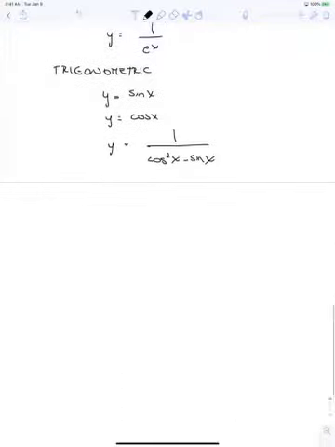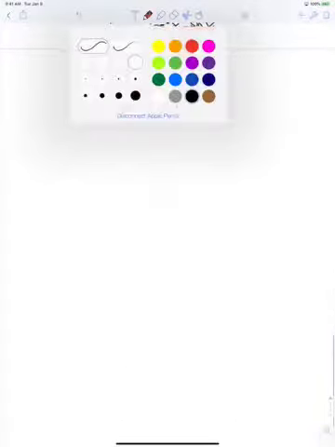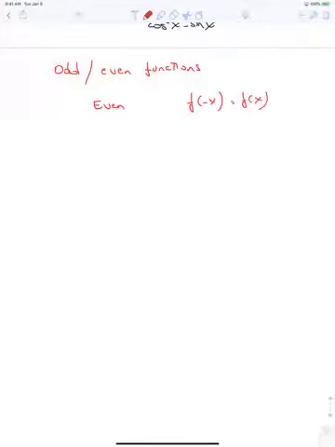You might have other classifications of functions that might be useful in some cases. For example, odd versus even functions. Essentially, an even function means that f of minus x is equal to f of x. So it's symmetric with respect to the y-axis.